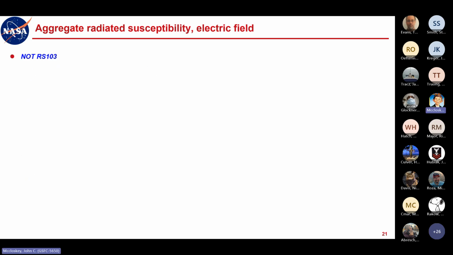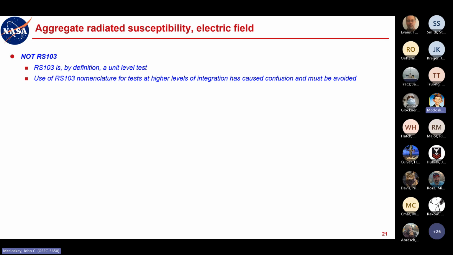Okay, so for susceptibility, it's a similar story. It's not RS-103. That is a unit level test. Don't apply that at system level. So at instrument and payload level, again, you're looking at both on orbit and launch limits. Now, for instruments and payloads, they're generally off at launch.